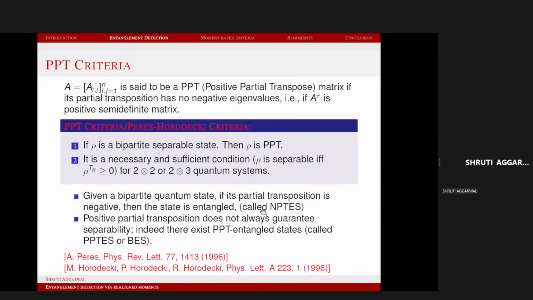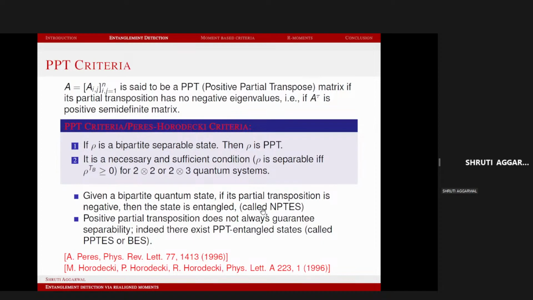The converse also holds only for 2-qubit and qubit-qutrit systems. If a state is PPT, then it is separable.